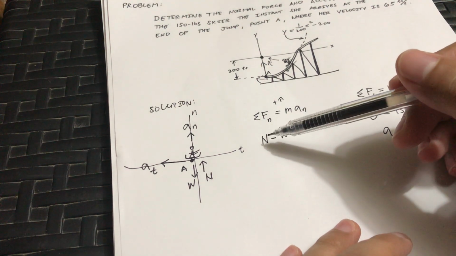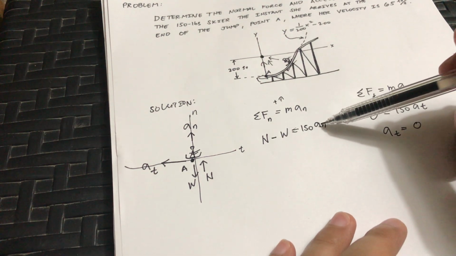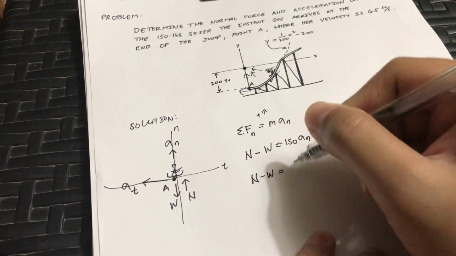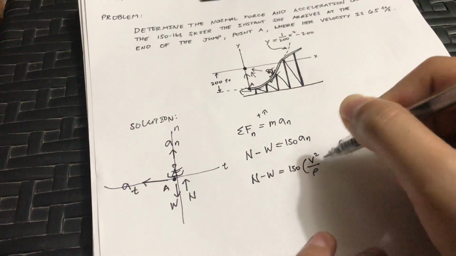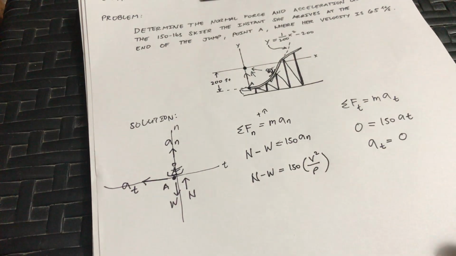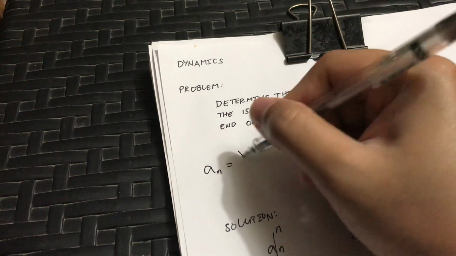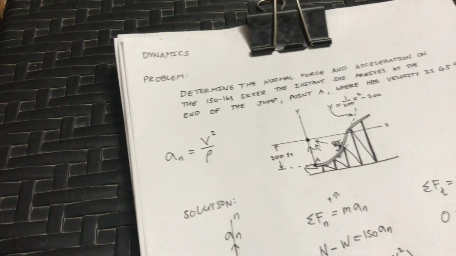The normal force is the question of the problem. We know from our normal tangential components that the normal acceleration is equal to v squared over rho.